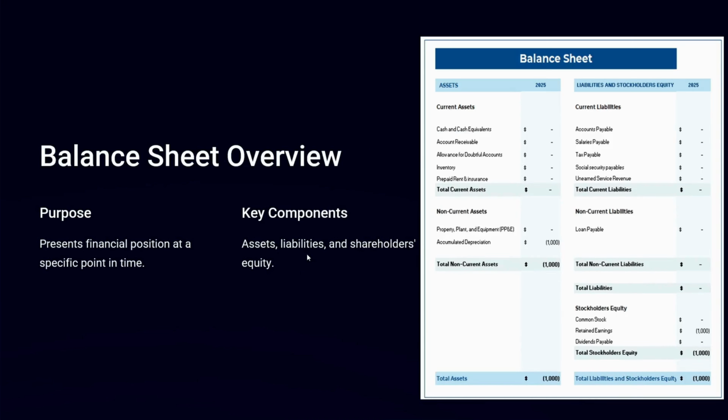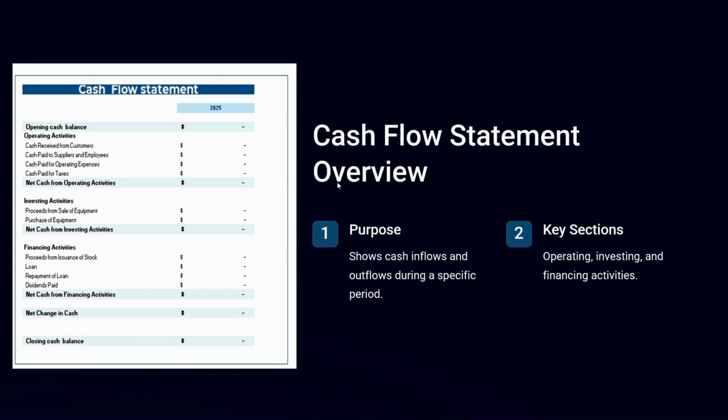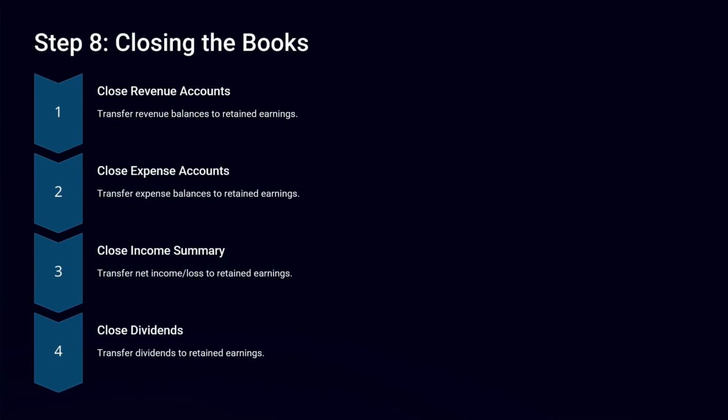Next, this is an example of the balance sheet, where total assets equal total liabilities plus equity. Then we have the cash flow statement overview for the period, which is empty because we haven't yet booked any transactions for the period.